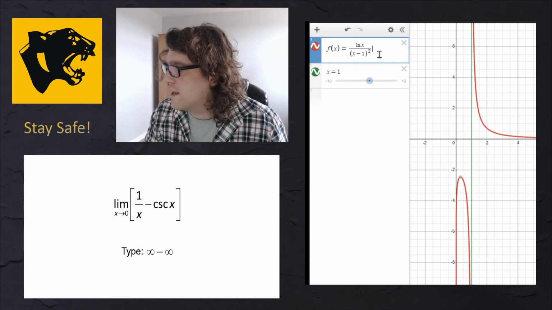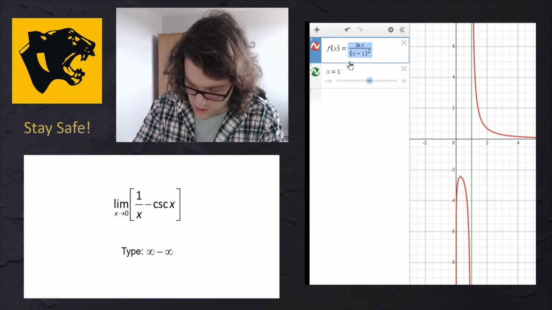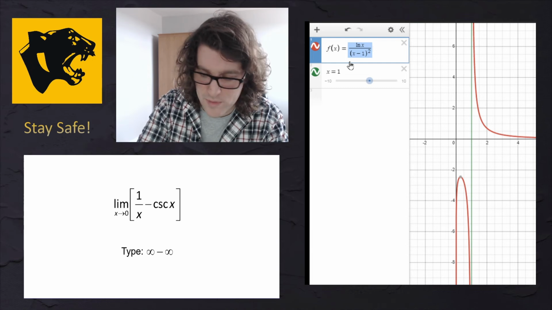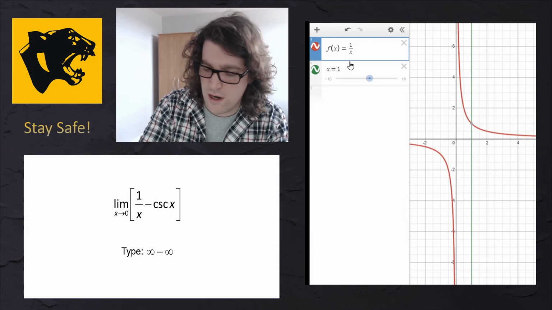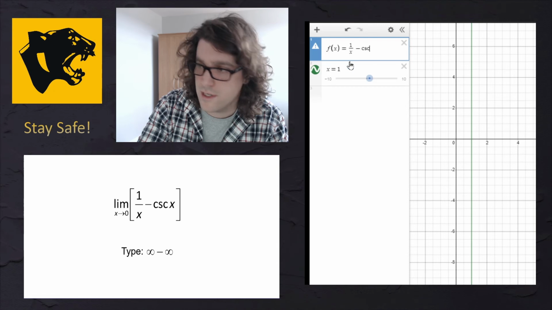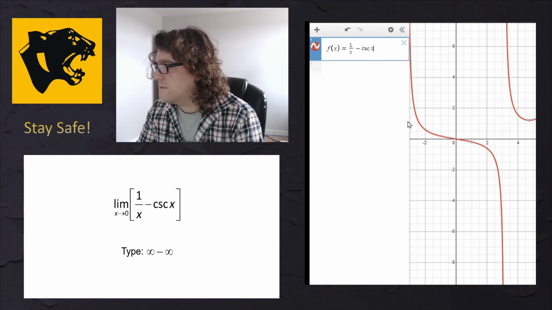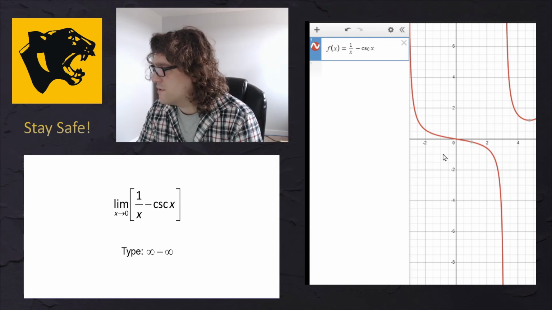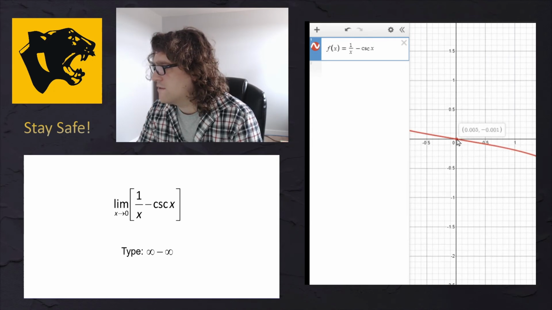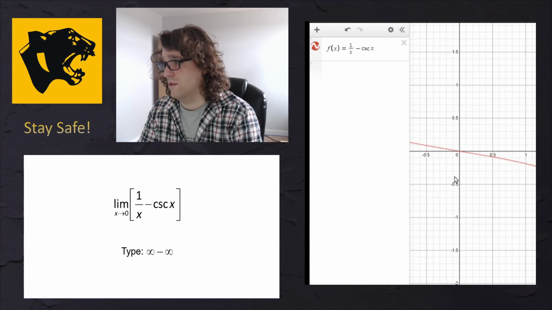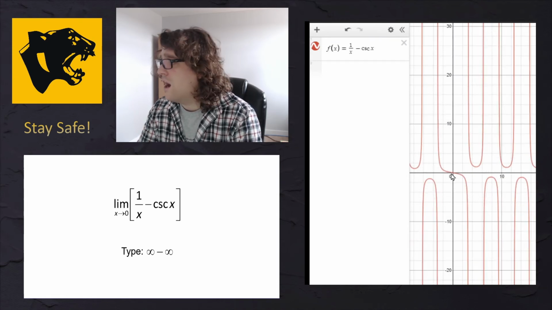I'm going to graph that again. That's a lot of mumbling to myself this time. My apologies for that. So 1 divided by x minus the cosecant of x. All right, so this thing is pretty nifty looking, and we are specifically wanting to know how this behaves at a value of 0. So at a value of 0, we're right in here. It looks like a really well-behaved function, to be honest.